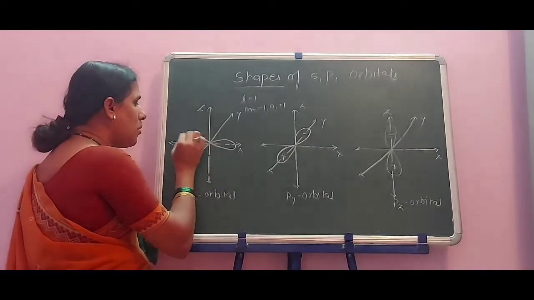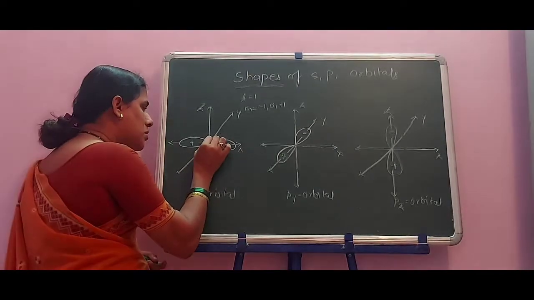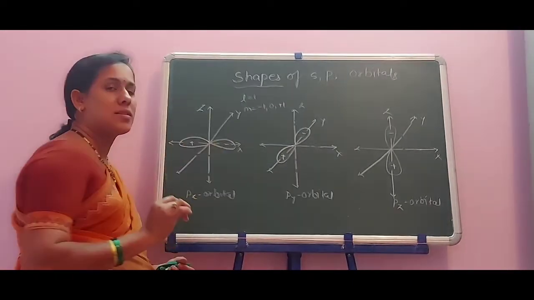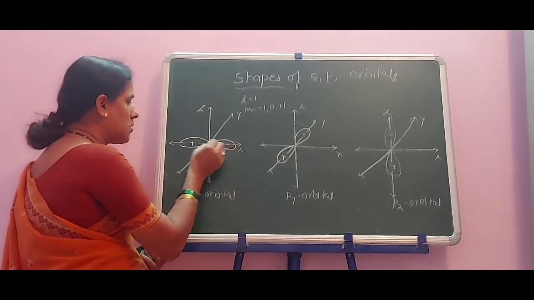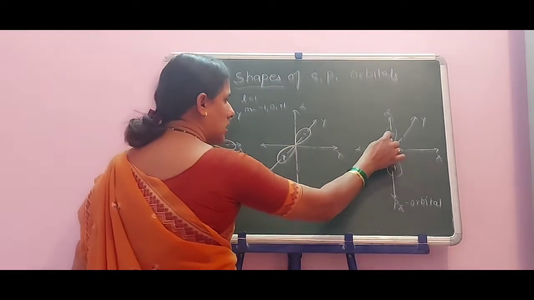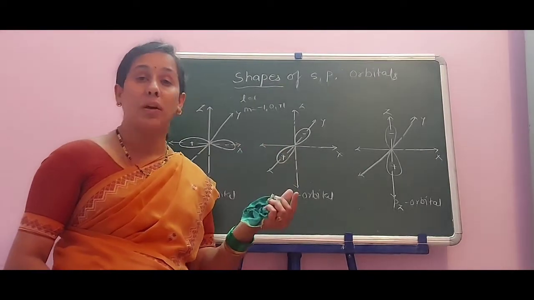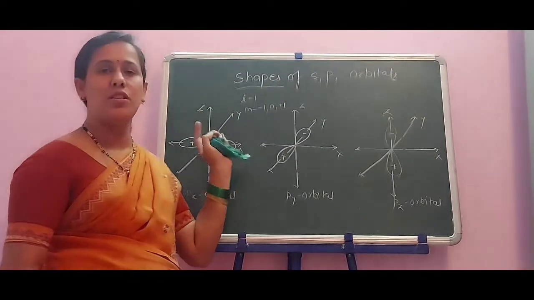P orbitals have two lobes located around the positively charged nucleus, and these lobes have opposite signs. This is the negative sign, this is the positive sign. Each lobe is aligned along a coordinate axis such as x, y and z.